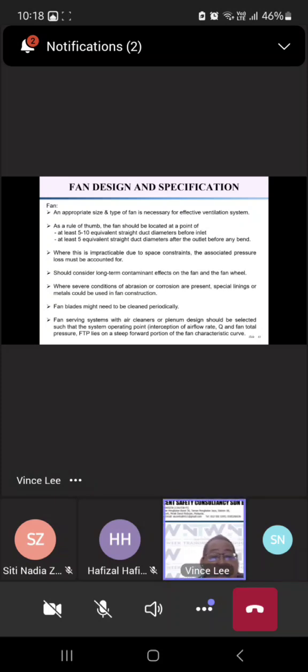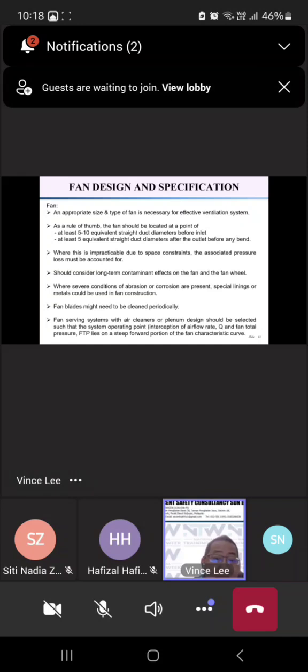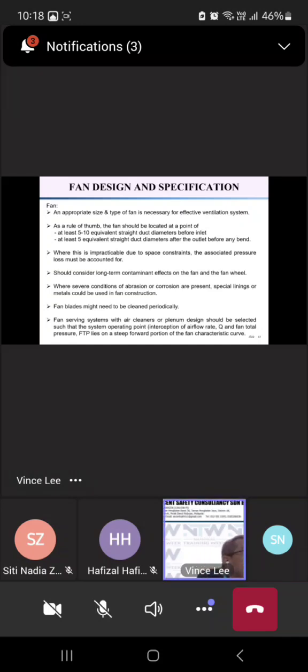We need to consider the usage, the type of contaminant, maybe it's for dust, what type of fan, because you need to create the correct sufficient static pressure and velocity pressure. And you should also purchase fans that are accessible for cleaning. So fan serving systems with air cleaners or random design should be selected, right?